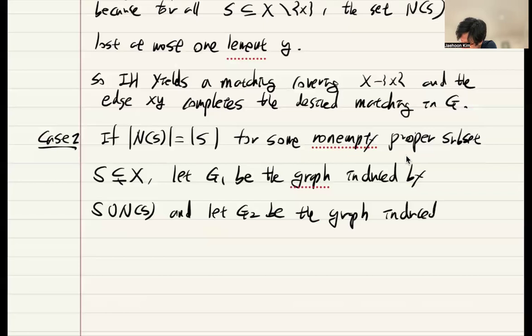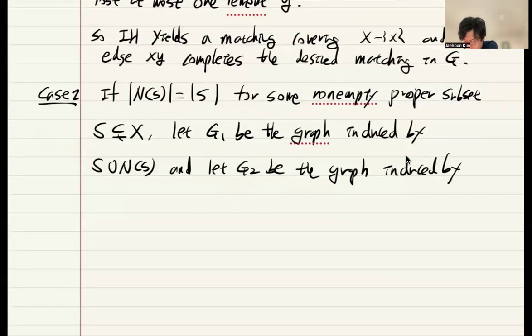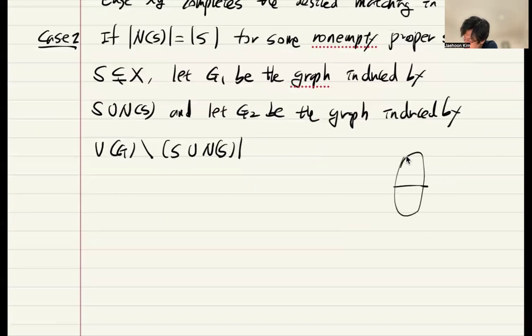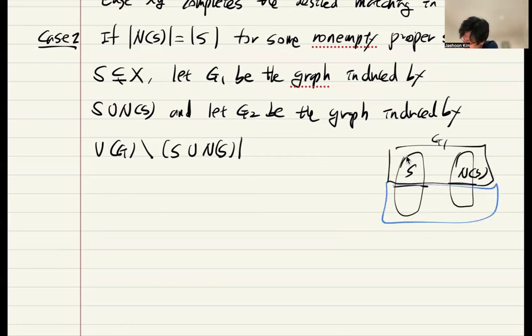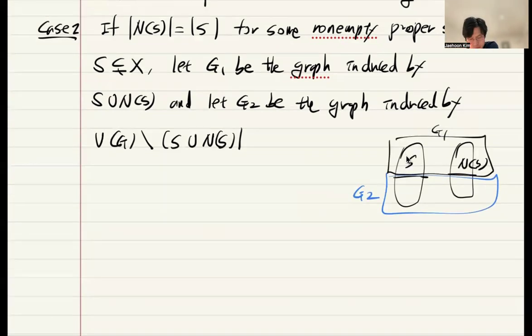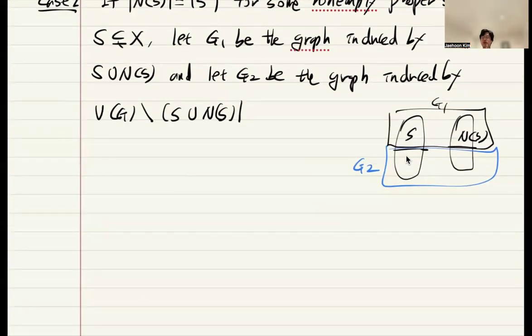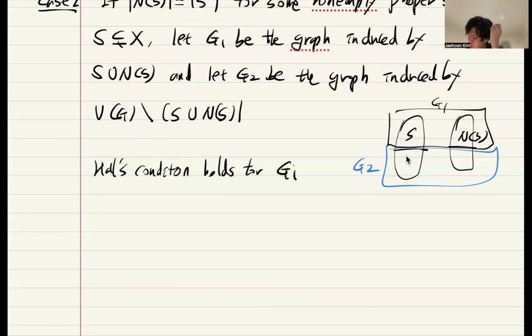induced by everything outside. So you have S and then N of S, which has the same size. This is G1 and this is G2. And then we want to apply the induction hypothesis on both graphs to complete the matching. Hall's condition holds for G1, it's obvious.